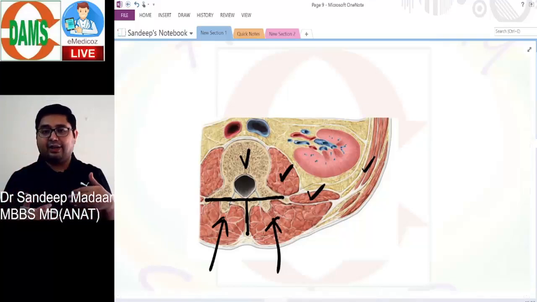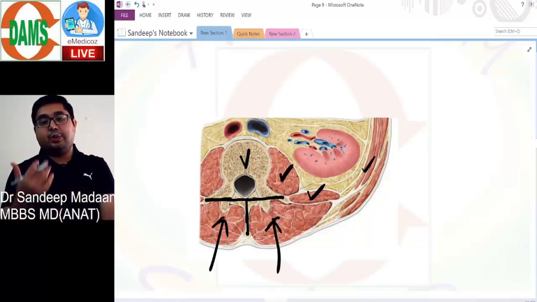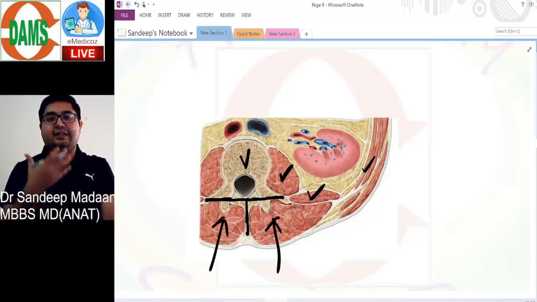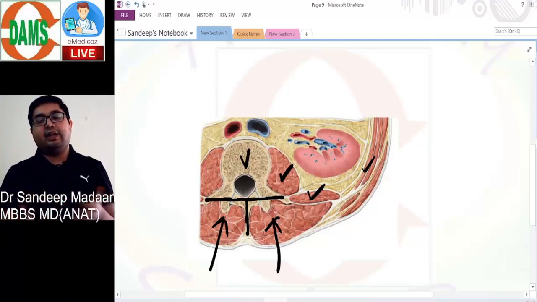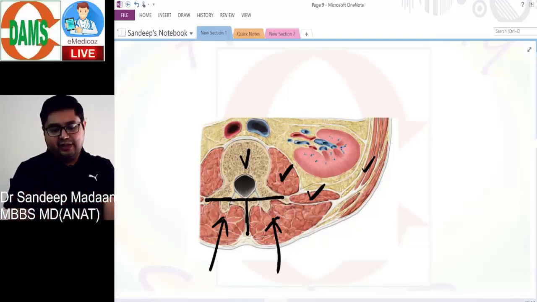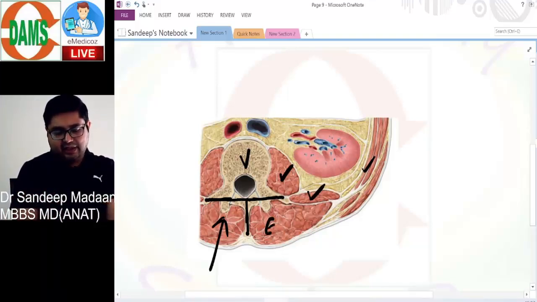You can call it the dorsal body wall, the posterior wall of the body itself, which we call the back of the body, or otherwise the postural muscles, or erector spinae group. So what is this muscle here? This muscle is erector spinae, which belongs to the postural muscles.